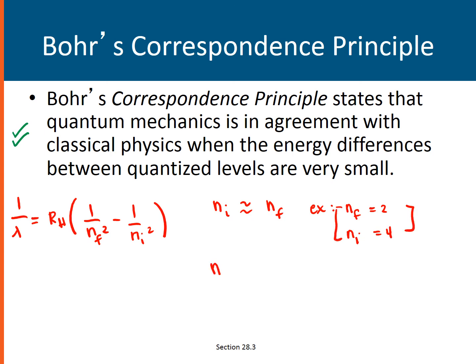However, when your initial energy level is very, very big compared to your final energy level, the Rydberg equation may not be able to accurately predict the wavelength of the photon that the electron is going to emit, and therefore quantum physics is no longer in agreement with classical physics.